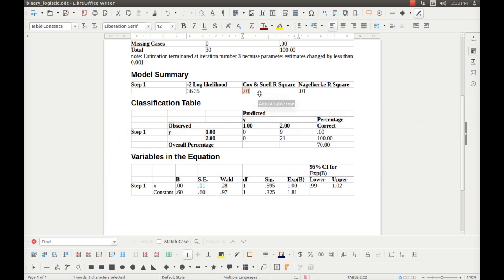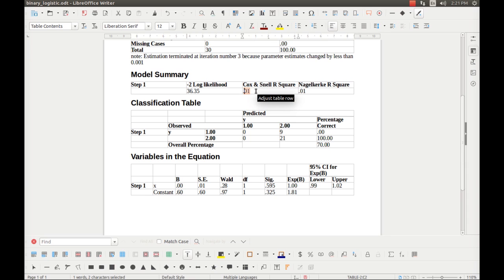But this is only simulated data, so we need not conclude that this data is not able to describe the relationship between Y and X. In natural setups, or if the data is collected from real world activity, the values of R-square may be different, where the R-square value must be close to 1.